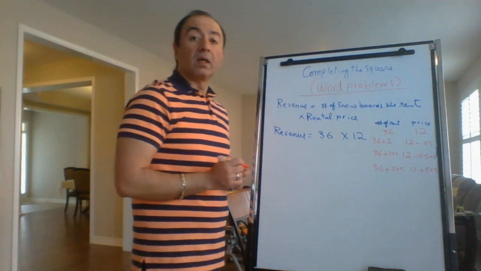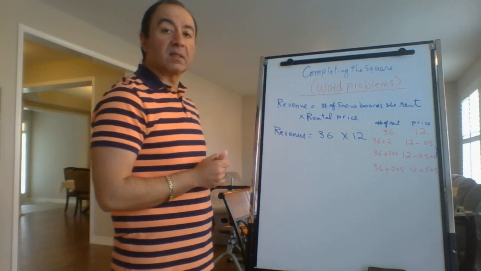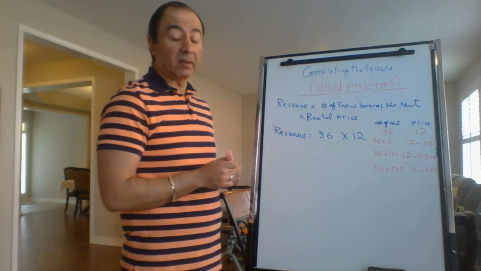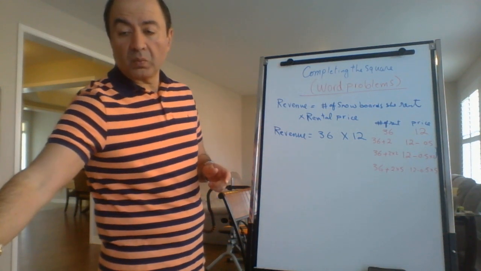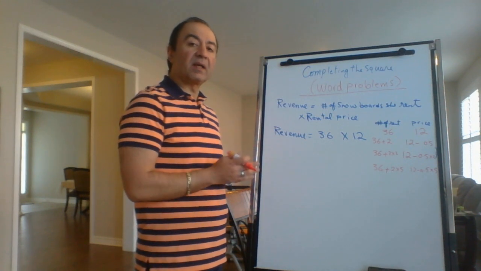Okay? We don't know how many times we should reduce the price to maximize the revenue. So we said before, the thing that we don't know or we need to find, we assign a variable for it.